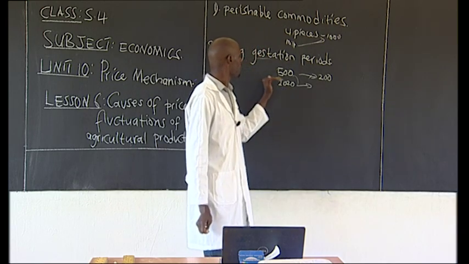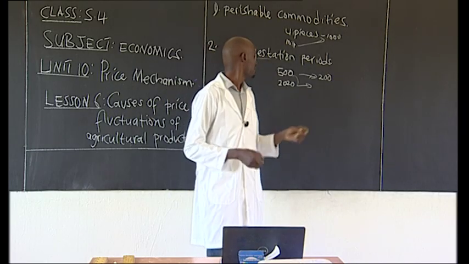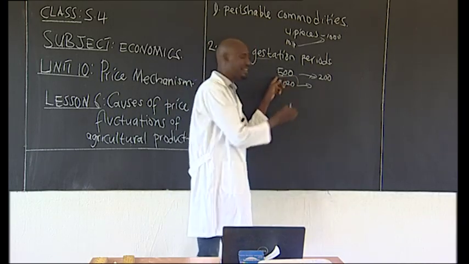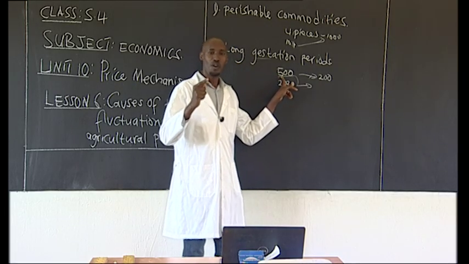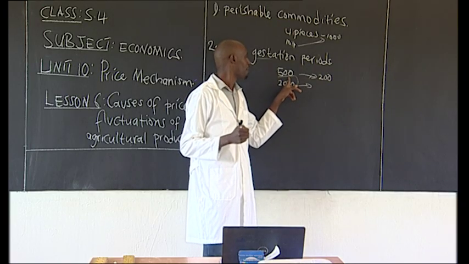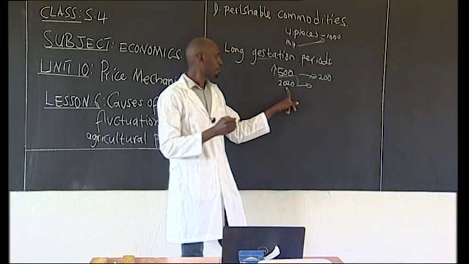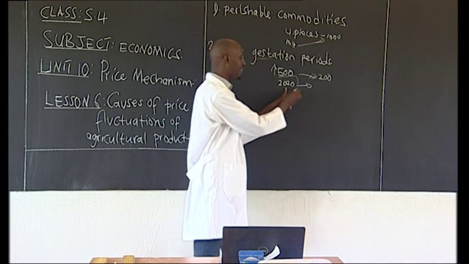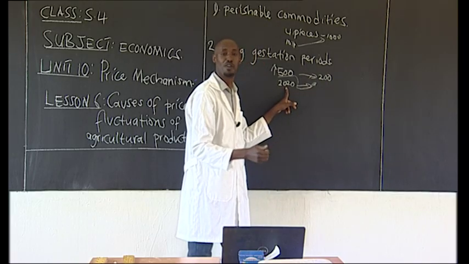Let's see. Now, after harvest, this is the current price, 500 a kilo of cassava. Before supply, the prices are high. Then we have joined the market. All of us, let's go and plant cassava. Why?